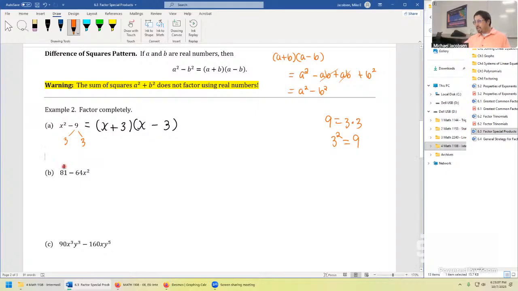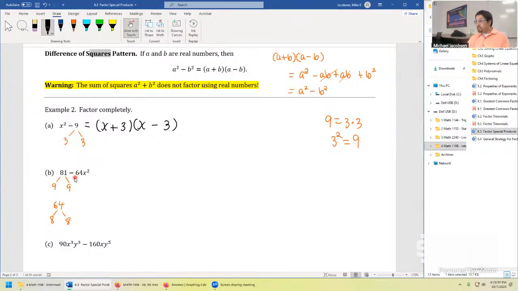On this one, 81, only 3's divide this: 3, 9, 27. 64, only powers of 2, so it doesn't seem to have a greatest common factor. But even better, 81 is 9 times 9. 64 is 8 times 8. So if we have perfect squares, then the difference of squares pattern should hold for us.